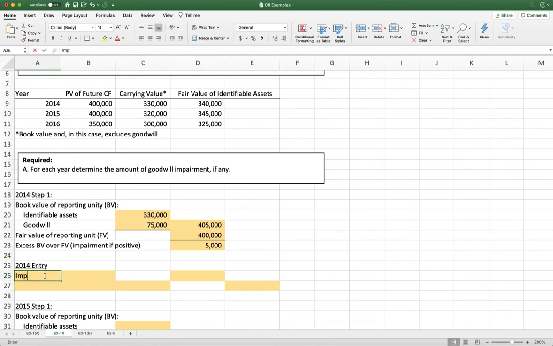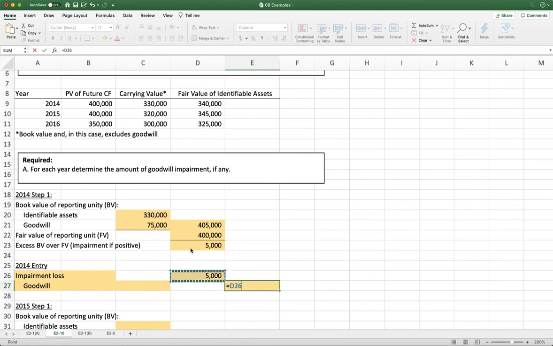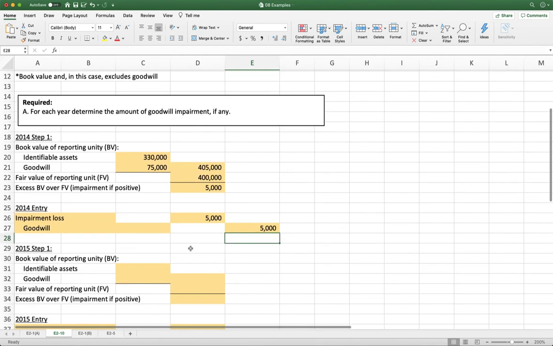So we're going to debit impairment loss for $5,000, because that was the change, is that this determination that there is impairment is also the determination of how much impairment. And for an impairment loss, we're going to write down goodwill directly. So we're going to credit goodwill, and now the balance in our goodwill account will be $5,000 less after we make this journal entry.